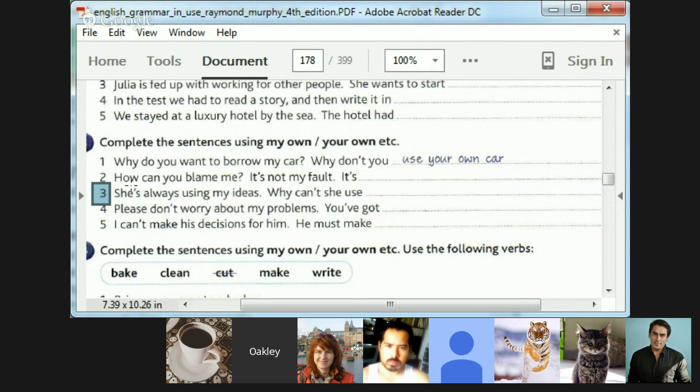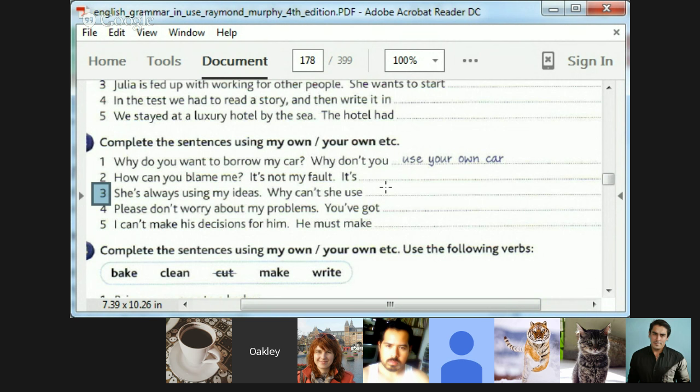Okay, Fog, can you try number 3? She is always using my ideas. Why can't she use her own ideas? Very good. Why can't she use her own ideas is absolutely correct, Fog. In spoken English, I do want to add that because we already know what the object noun is, it would be very common in conversational English to simply say, why can't she use her own?